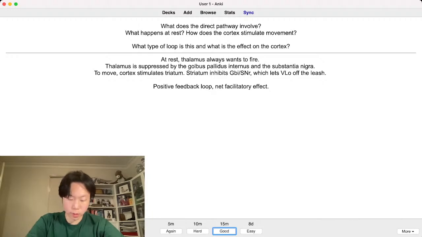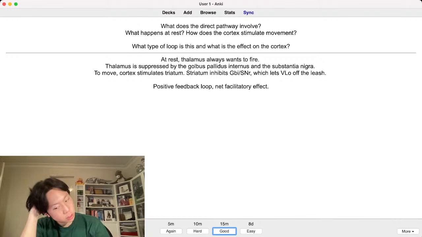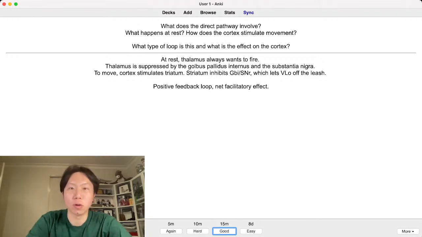When the cortex fires, it tells the striatum to shut down this, which stops shutting down the thalamus, and so it fires. Ah, cool. Alright. Cortex, striatum, globus pallidus internus, and substantia nigra. What's a VLO?